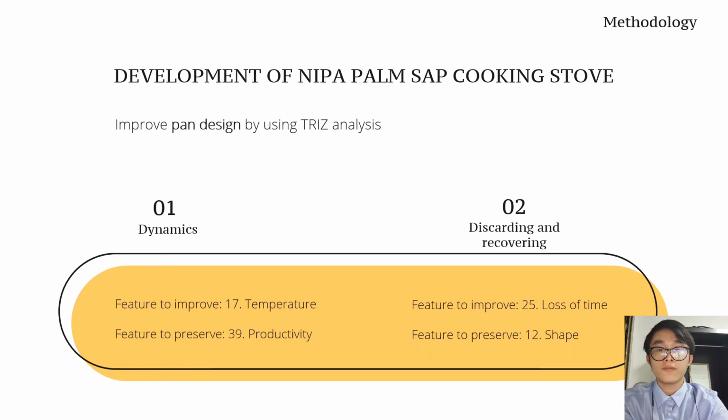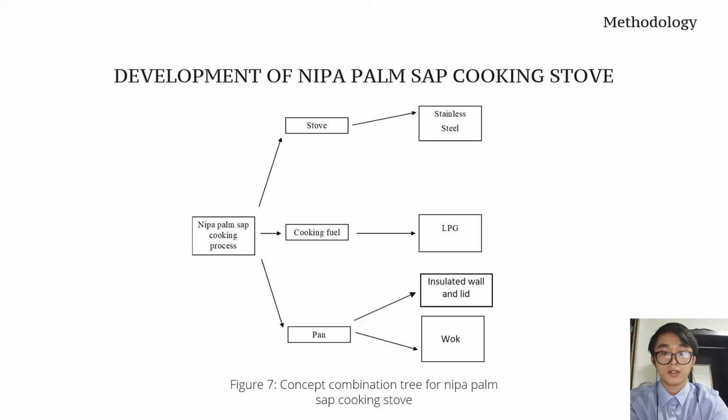And then to improve pan design by using stress analysis, the first one is dynamic, where the feature to improve is temperature, meanwhile the feature to preserve is productivity. Secondly is discarding and recovering. The feature to improve is loss of time and the feature to preserve is shape.